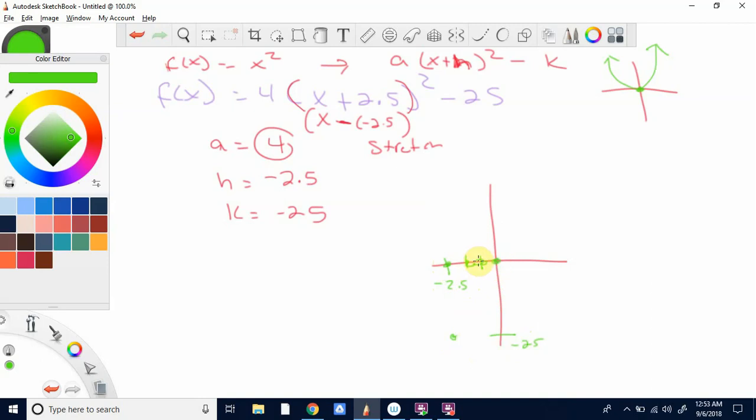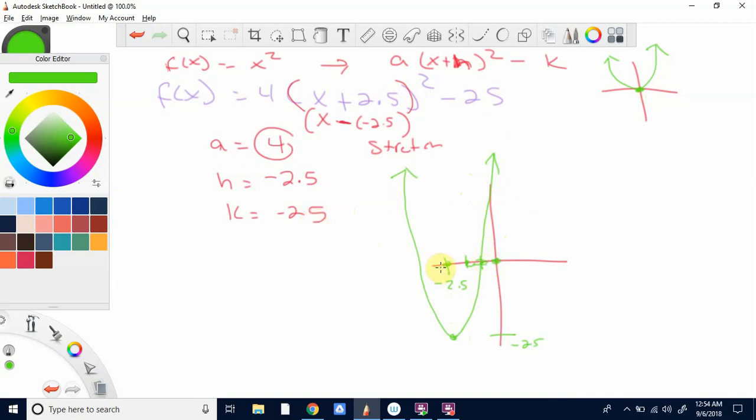So this is where the vertex is going, to the left 2.5 and down 25. And then it's going to stretch, so it's going to go up. I'm just extending. We'll learn how to find exact values. But it's going to stretch, so it's going to get thinner because it's stretching up. All right, so pause this and try guided practice 5.